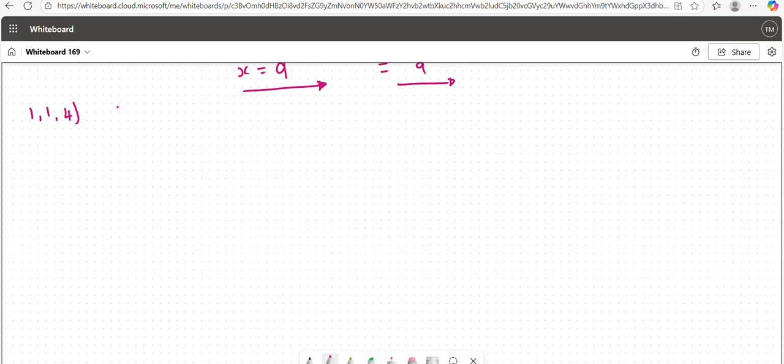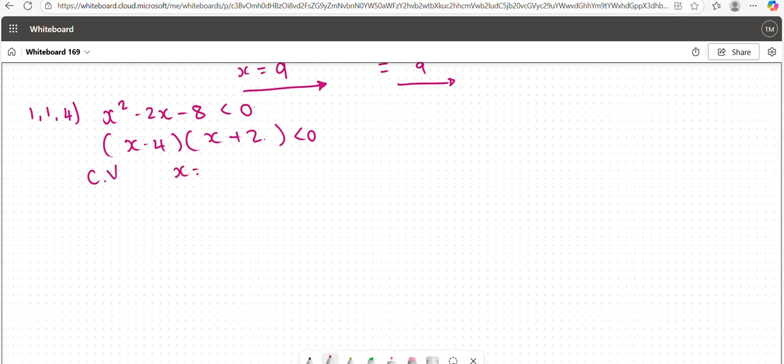Alright, I'm going to get started on 1.1.4. x squared minus 2x minus 8 less than 0. You can just easily factorize this. Factors of 8 that add to give me negative 2 are a negative 4 with a positive 2. And so my critical values are a positive 4 and a negative 2. And how you represent this is a negative 2 there, a positive 4 there.